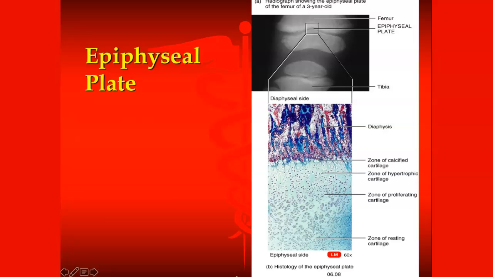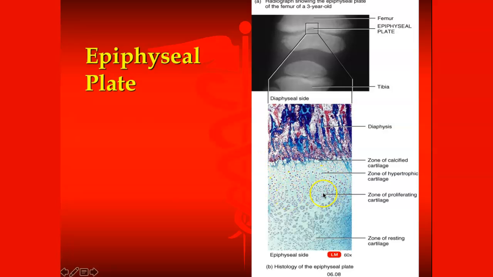Now, if we switch over to this slide, you could see what I talked about on the x-ray, how an epiphyseal plate, this one is not yet closed. We can see that area that's cartilaginous that's allowing the bone to still grow. And if you zoom in on that under a microscope, you could see that we have this dense area of bone tissue, and then you start to get this area where you have cartilage that's getting hard, turning into osteocytes, bone tissue.